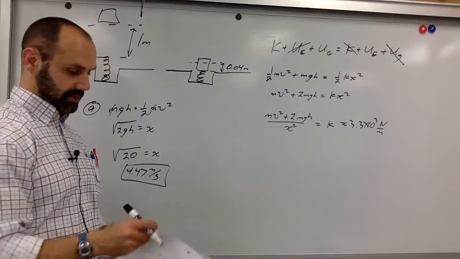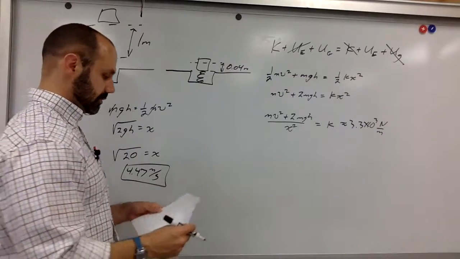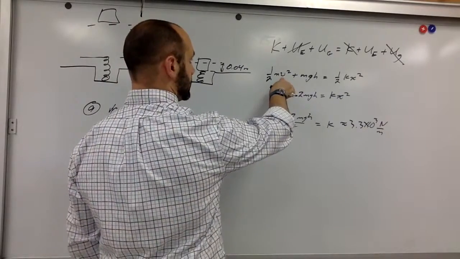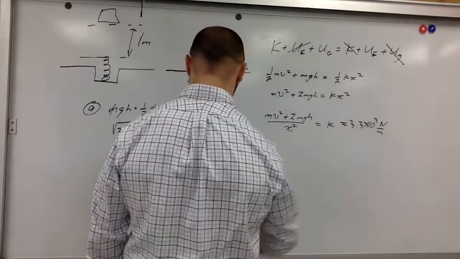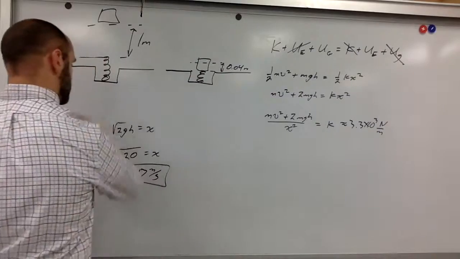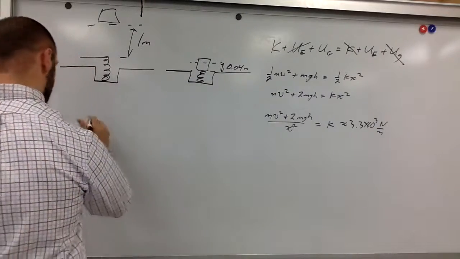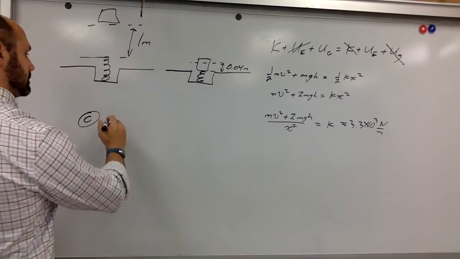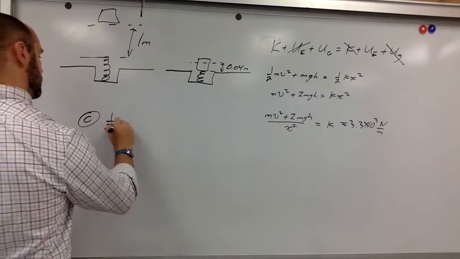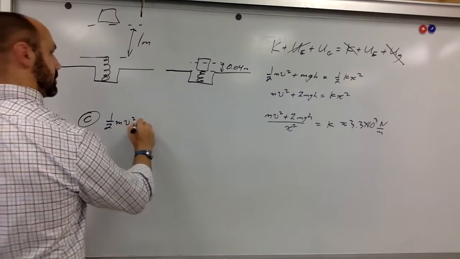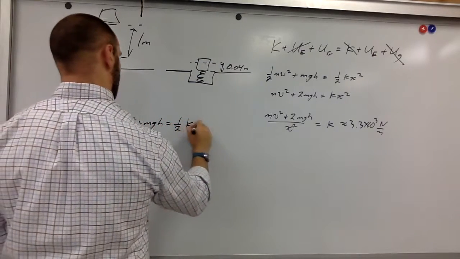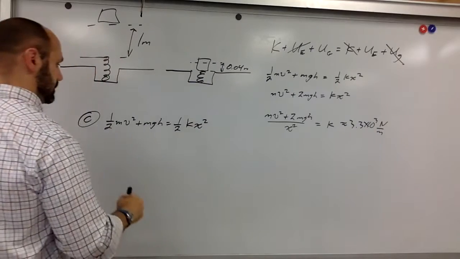Okay, now if the speed at impact were to double, what would be the maximum compression in the spring? So same spring, everything's the same, except what we're doing is we're going to double what v is. So if we double v, now we want to know what is the new x. So let's do C over here. Right. So for C we've got 1/2 mv squared plus mgh equals 1/2 kx squared.